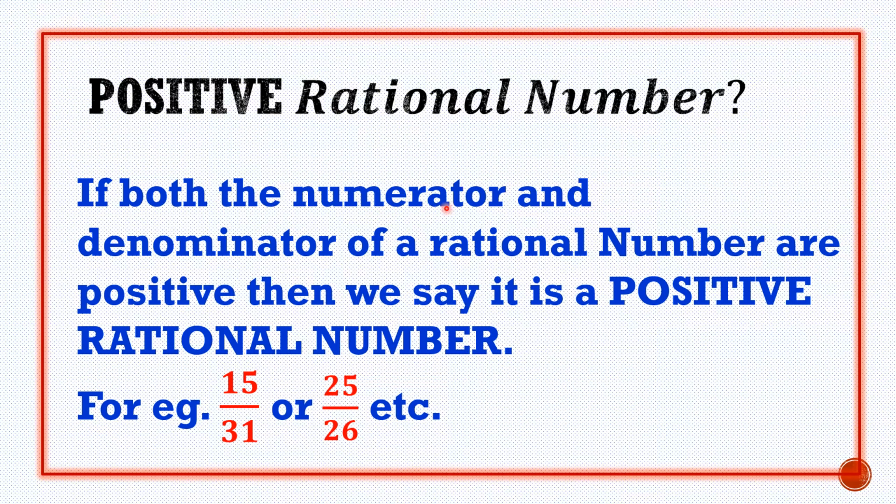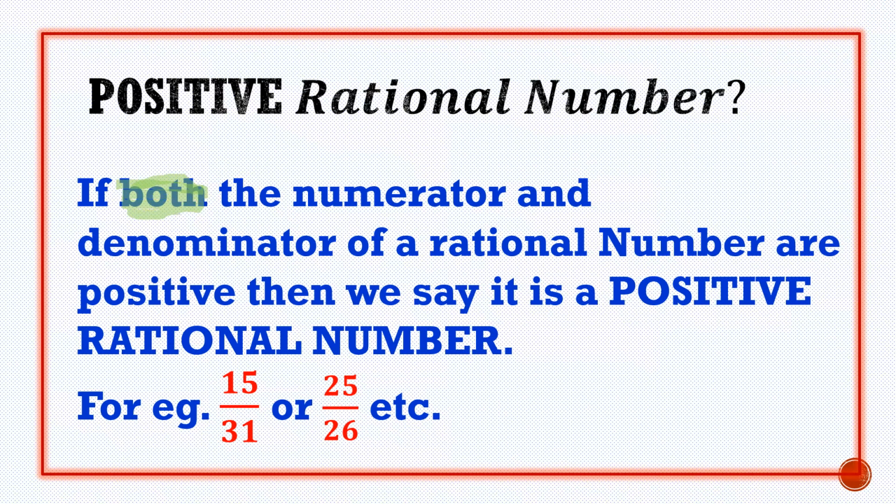If both the numerator and denominator of a rational number are positive, then we say it is a positive rational number. The word that you have to take care of is both.